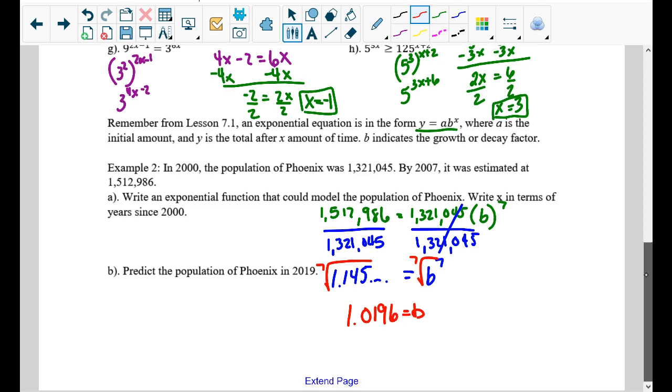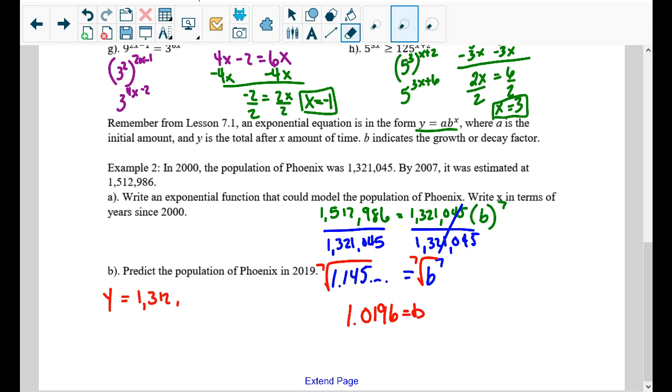So my equation then is the initial 1,321,045.